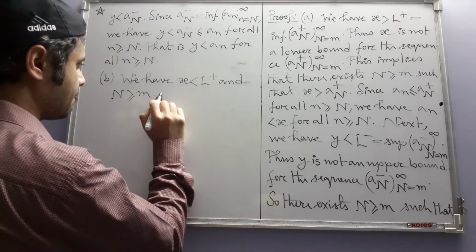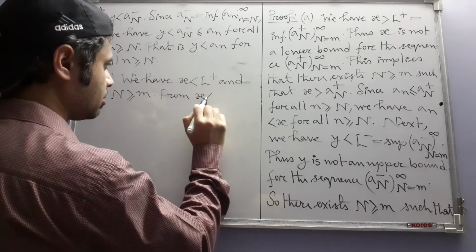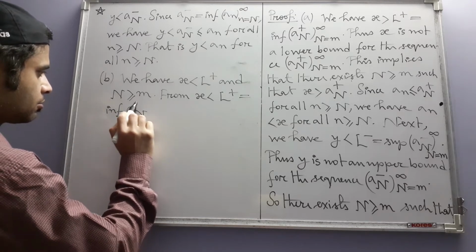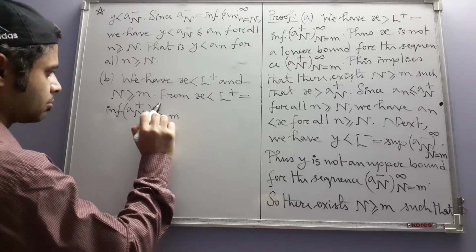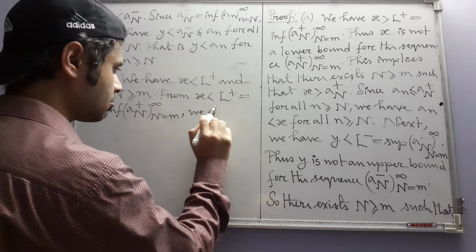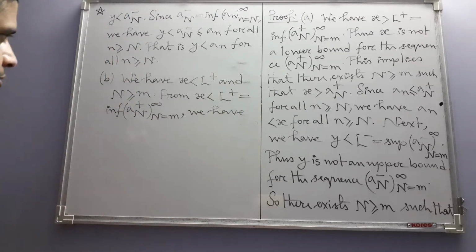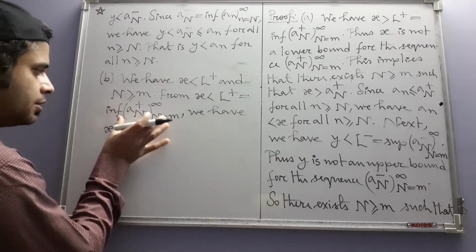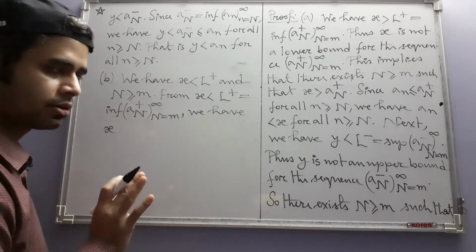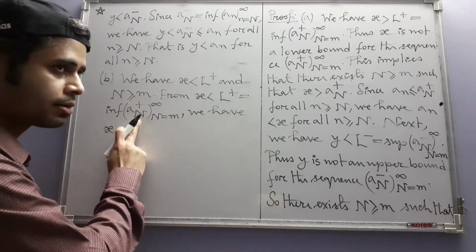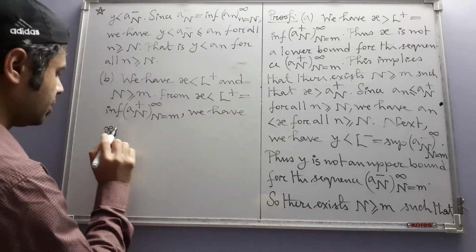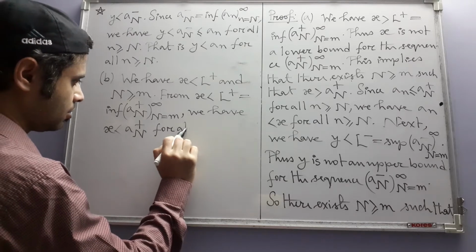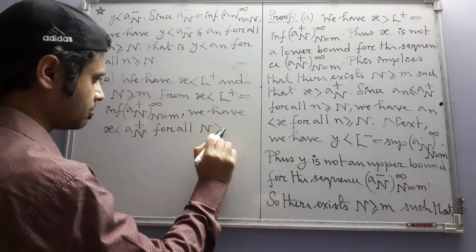Okay, from x less than L plus, which is the infimum of this, what we have from here, since the infimum of this sequence is a lower bound, it's the greatest lower bound, but after all it's a lower bound, so the infimum is going to be less than or equal to all the terms of this sequence, and x is less than the infimum, so x is going to be less than a_n plus for all n greater than or equal to N.